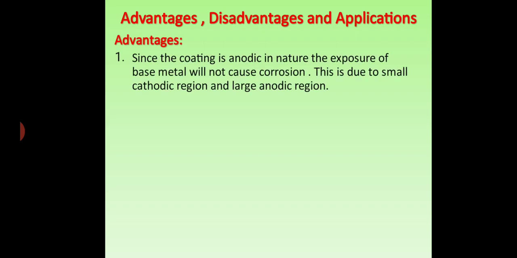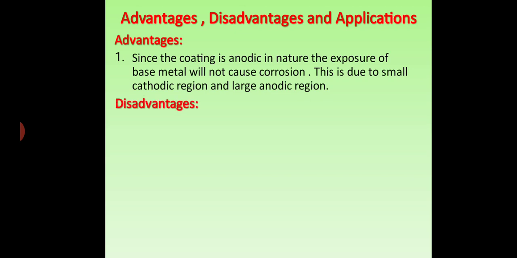Then next, let us quickly understand its advantages and disadvantages. Advantages: since the coating is anodic in nature, the exposure of base metal will not cause corrosion. This is due to the small cathodic region and large anodic region, so the base metal will be protected.